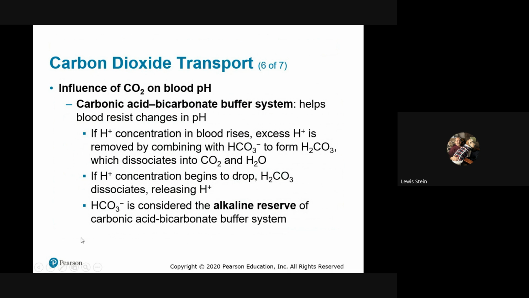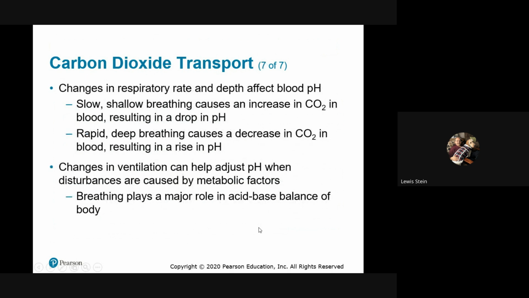So here's that carbonic acid buffering system. Very straightforward. We call the bicarbonate the alkaline reserve of this particular system. And then this is how we affect it with breathing. Slow, shallow breathing causes an increase in CO2 in the blood and a drop in pH. Rapid, deep breathing causes a decrease in CO2 in the blood and a rise in pH.